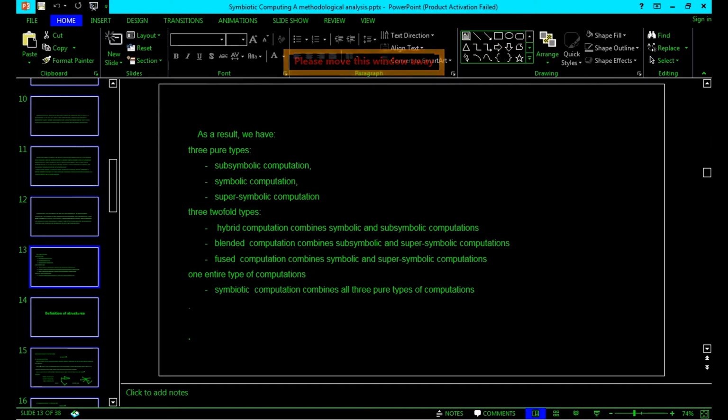Blended computation combines sub-symbolic and super-symbolic computations. Fused computation combines symbolic and super-symbolic computations. And the entire type of computations that is called symbiotic computation combines all three pure types of computation.